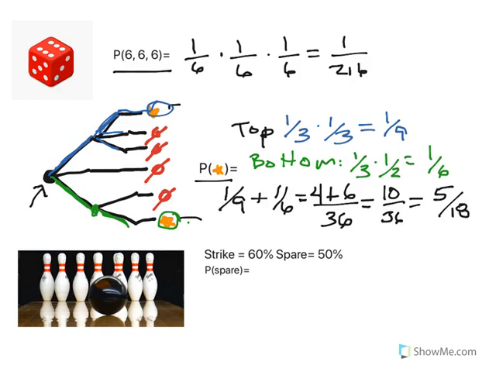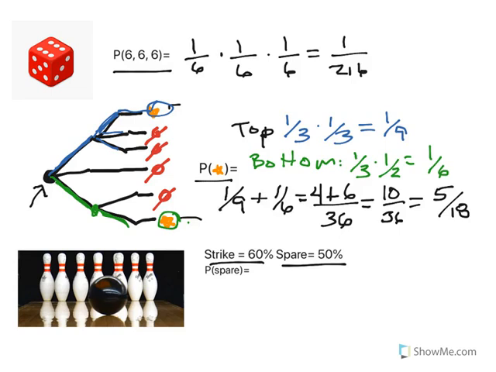All right, let's look at the last problem here. So if we're bowling and we're a very good bowler, there might be a 60% chance that we get a strike. That means we knock down all the pins on our first try. Now, if we don't knock down all of the pins on our first try, let's say we then have a 50% chance that we'll get a spare, which means that we take 2 turns to knock down all of the pins.